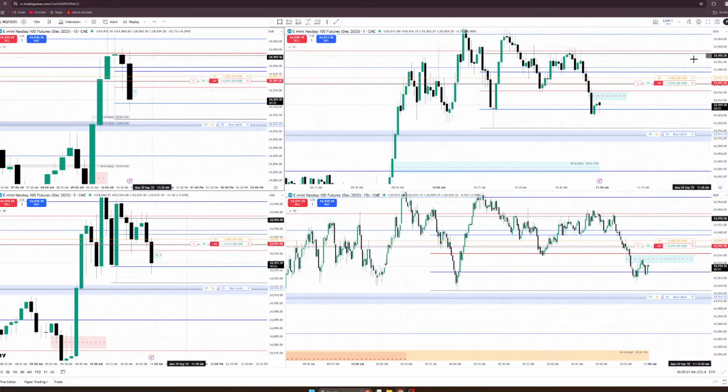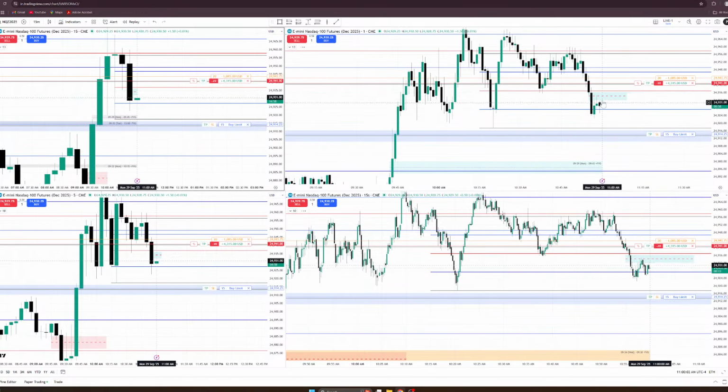So I want to see price remain below this bearish fair value gap. I don't want to see price close above this bearish fair value gap.